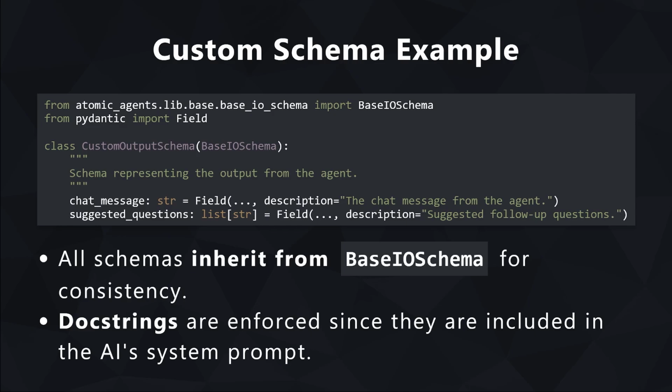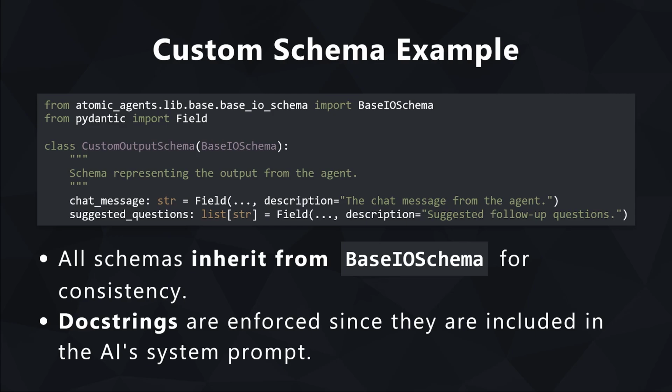Important to note is that a schema must always inherit from the base I/O schema, and docstrings are enforced. The reason for this is that docstrings actually end up in the system prompt, which saves you a ton of prompt engineering. Well, technically it is prompt engineering, but it doesn't feel like it.